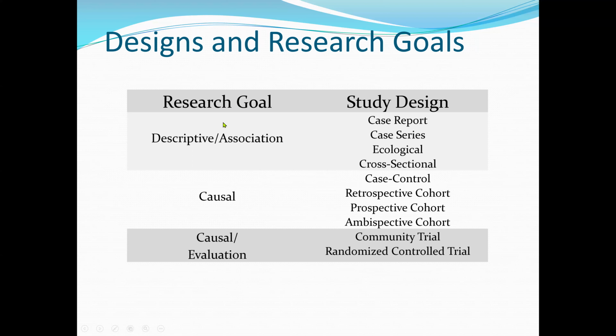So here we can see that if our research goal is descriptive or association, most likely we are going to choose case report, case series, ecological, or cross-sectional. Remember, association is not causal, as we learned in statistics. Basically it means we want to find a relationship between two variables. Due to confounding and bias, there may be association, but no causation.